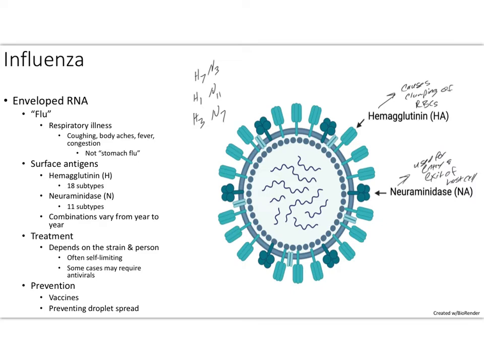So they make the vaccine based on what they predict will be the most common combinations in the coming flu season. It's not always possible to predict how a virus is going to mutate, however. In fact, it's oftentimes rarely possible to predict how it's going to mutate, especially when there are so many different possibilities of combinations. So some years, their predictions are very good.